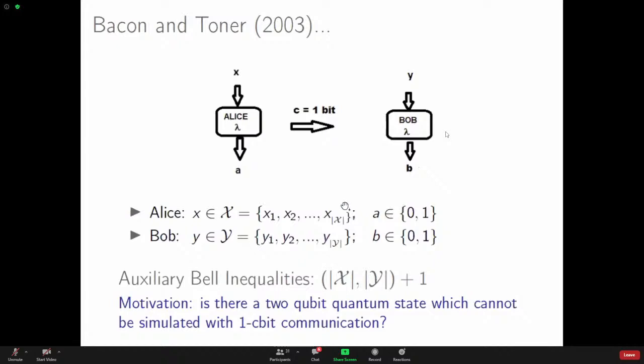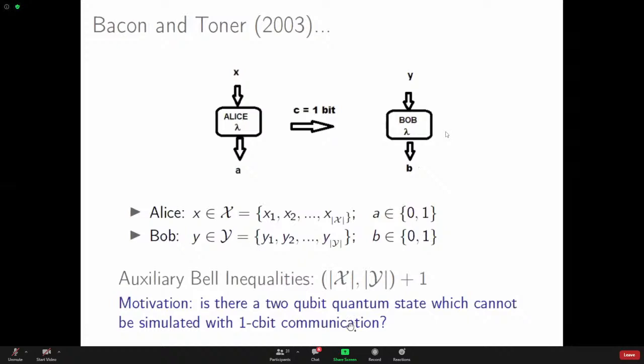And as I mentioned before, the motivation for deriving this Bell inequality is to try to answer this question: is there a 2-qubit quantum state which cannot be simulated with 1 C-bit of communication?